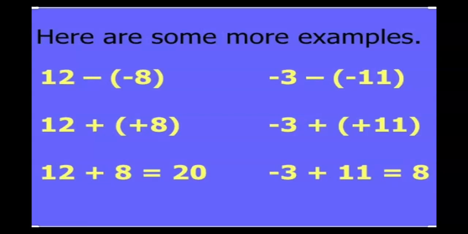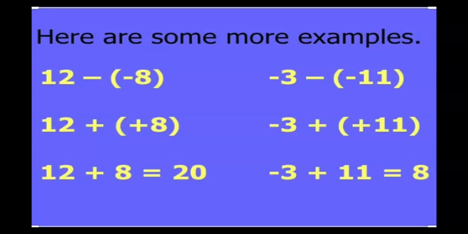Here are some more examples. 12 minus -8. Now again according to the rule, let's solve it. So the first step is keep it. So the first number 12, I am going to keep as it is. Then the second sign, minus, change it.